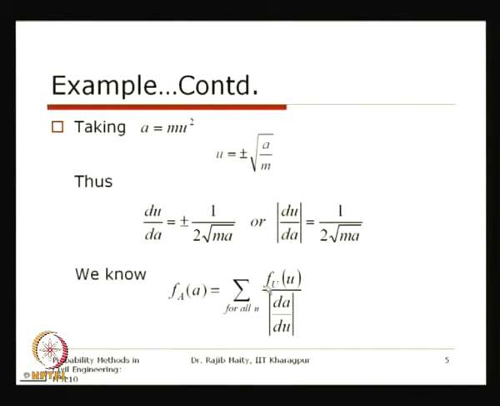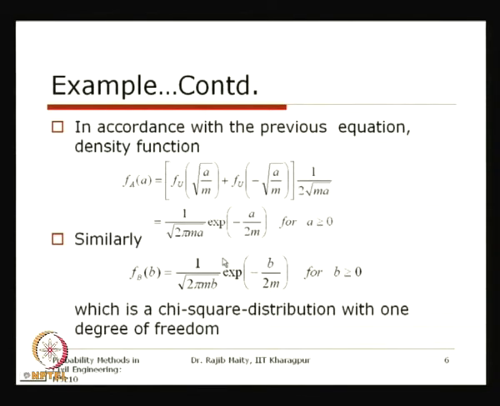So, putting the standard normal distribution in place of the distribution of u, we get f_A(a) equals the first root, the positive square root of a by m, and the second root, the negative square root of a by m, multiplied by the Jacobian 1 by 2 square root of m a.